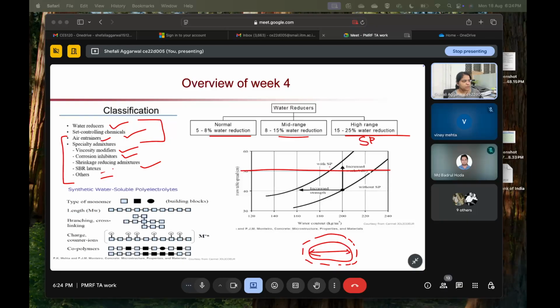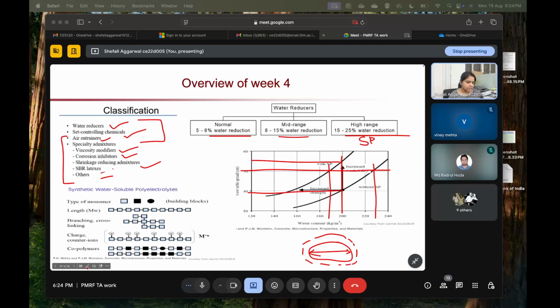In this case, with SP, the water required will be much lesser than without superplasticizer. Same way, if we fix our water content, your flow will be much higher with superplasticizer as compared to without, right?